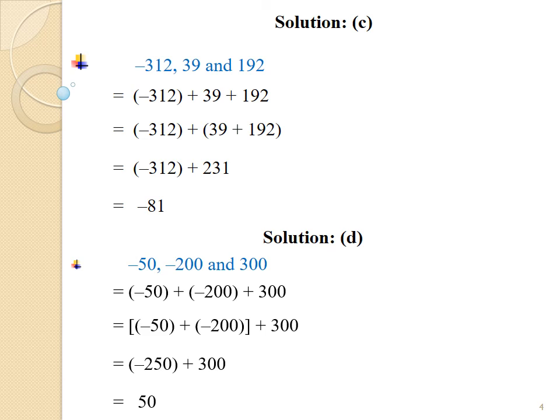Students, positive integer 300 is greater than negative integer 250. So, we get the answer in positive. Thus, -50 plus -200 plus 300 equals 50.